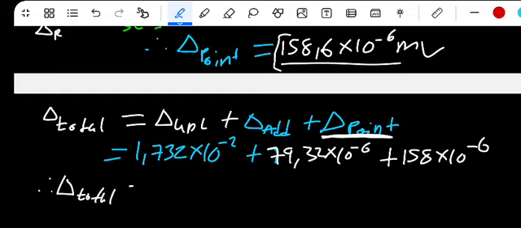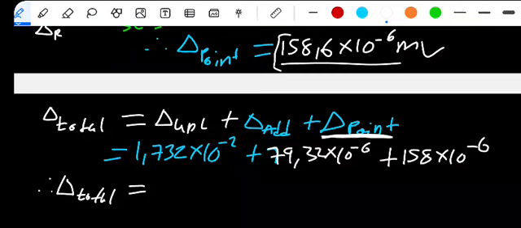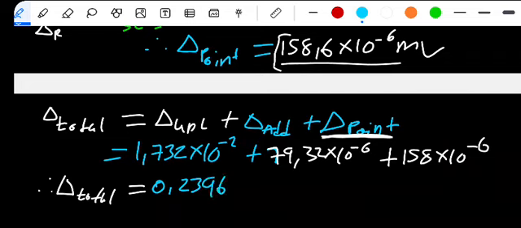Punching all of that in and adding, what are we going to obtain? You'll obtain 0.2396 millimeter.